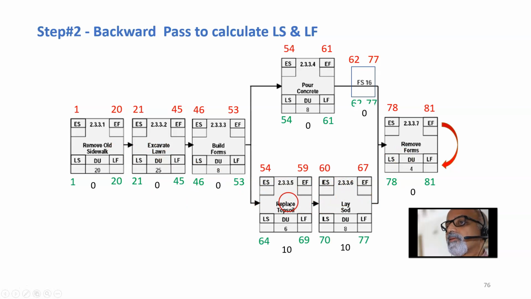So if we connect all the activities whose float is equal to 0, that is the critical path and that is the longest path as well.